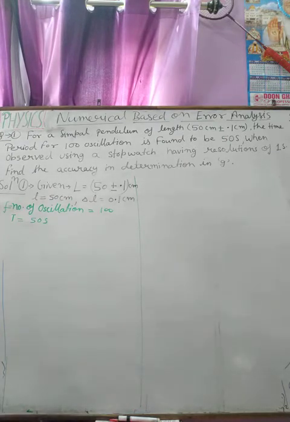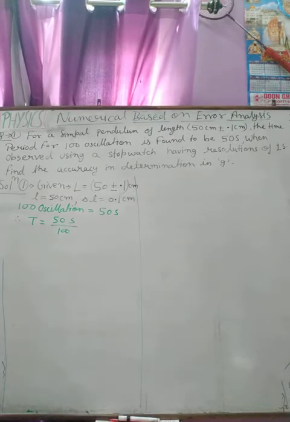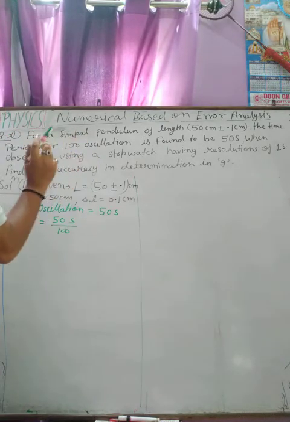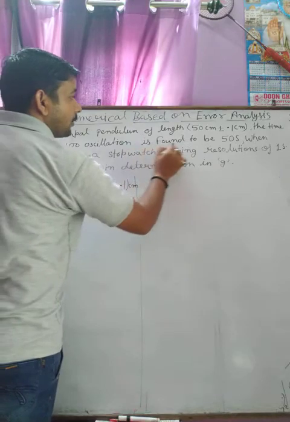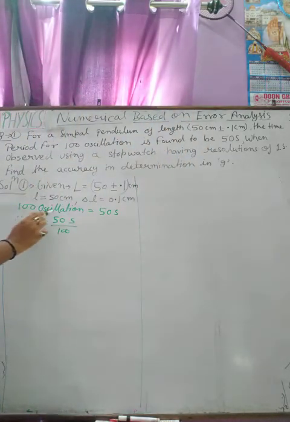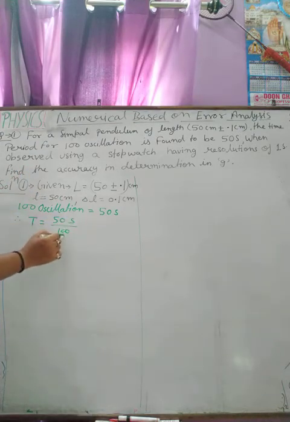Therefore we count the time for one oscillation. Okay student, now we have a time period for 100 oscillation is found to be 50 seconds. That is 100 oscillation is equal to 50 seconds. Therefore time for one oscillation is 50 second upon 100.